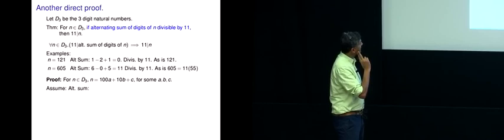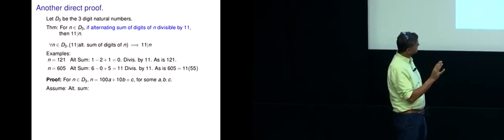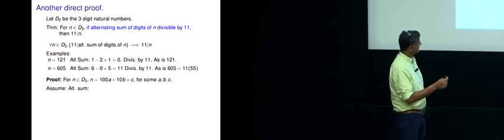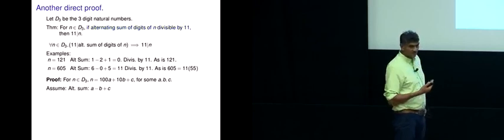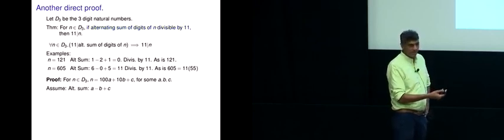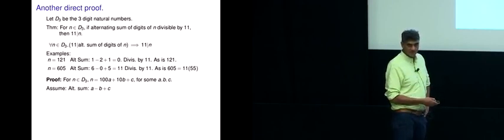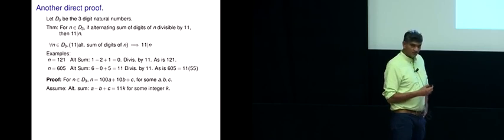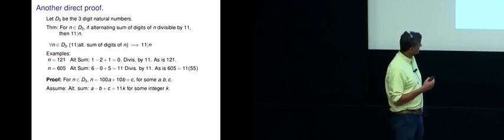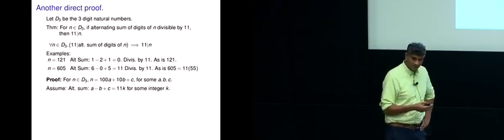Now we can take the alternating sum of digits when we write it this way. We have some number n which has a value, and we have its representation as ABC, as the digits A, B, and C. And so the alternating sum is just A minus B plus C. And what is our assumption about this alternating sum? This alternating sum is divisible by 11.